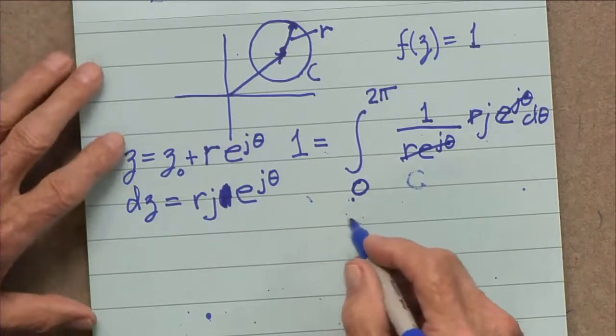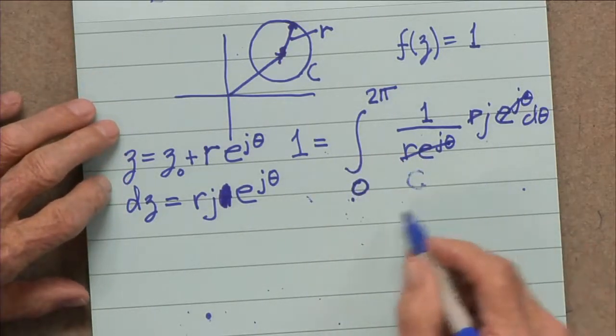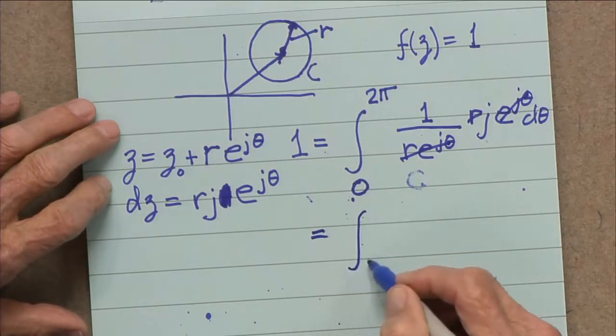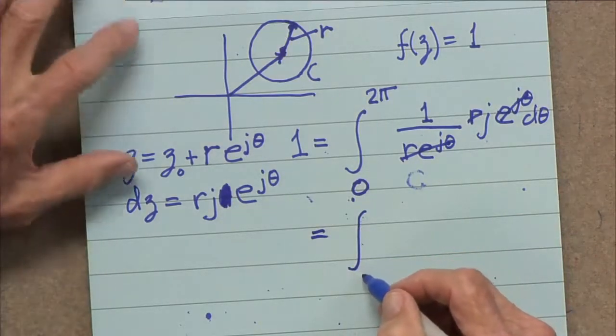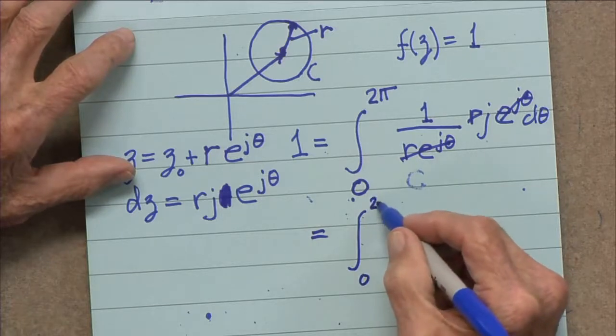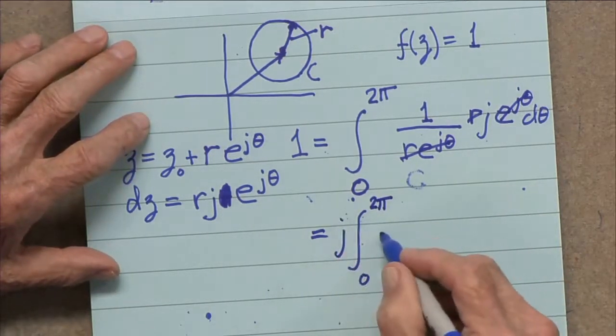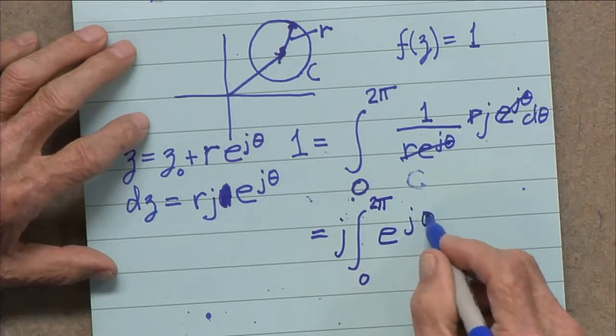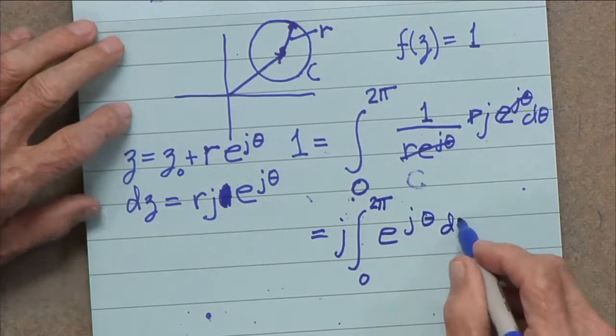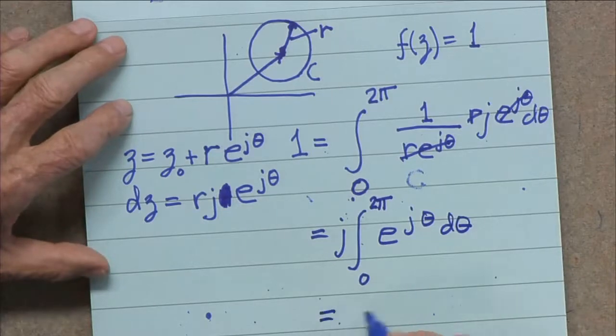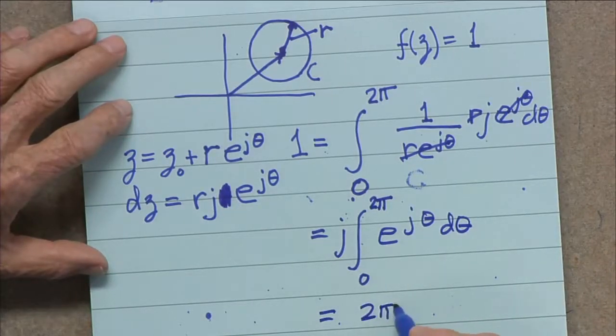So what does this come out to? This is the integral from 0 to 2 pi of j d theta. So this comes out to 2 pi j.